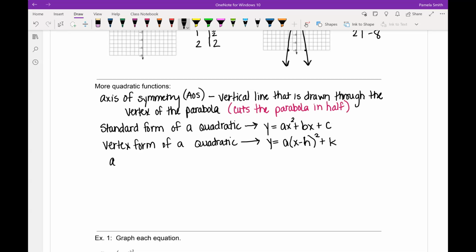So remember, a determines which direction it opens and how wide or narrow.